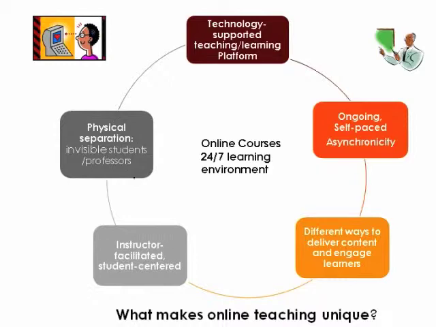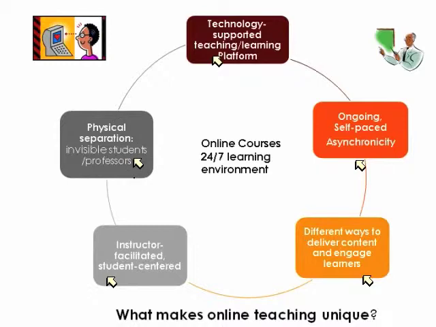Physical separation and technology supported teaching environment, ongoing self-paced, different ways to engage learners and to deliver content. Instructors should set up the structure and should facilitate the learning. And students will take full responsibility of the learning.